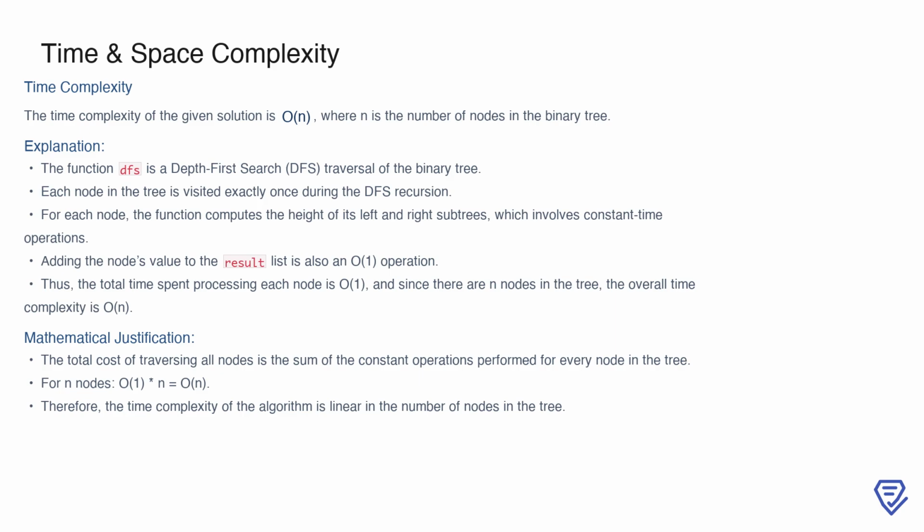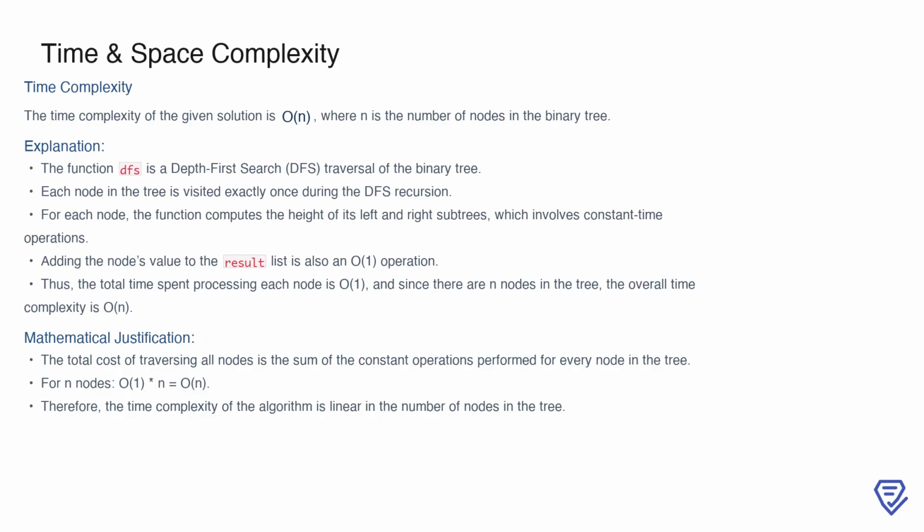It computes the height of the left and right subtrees, and it adds the node's value to the appropriate position in the result list. Both of these operations are constant time, or O(1). Since there are n nodes in the tree, the total time complexity is O(1) multiplied by n, which simplifies to O(n). This linear relationship ensures the algorithm is efficient, as the time spent processing the tree grows proportionally with the number of nodes.